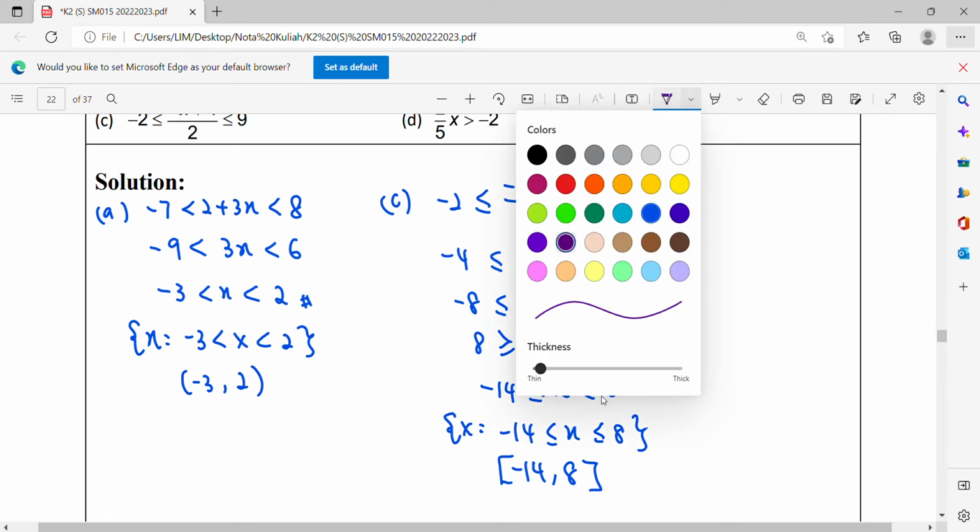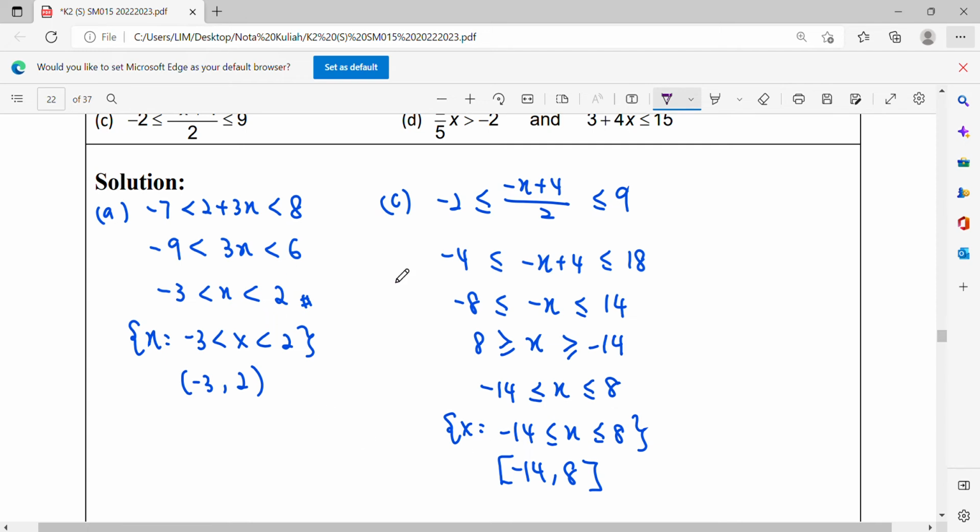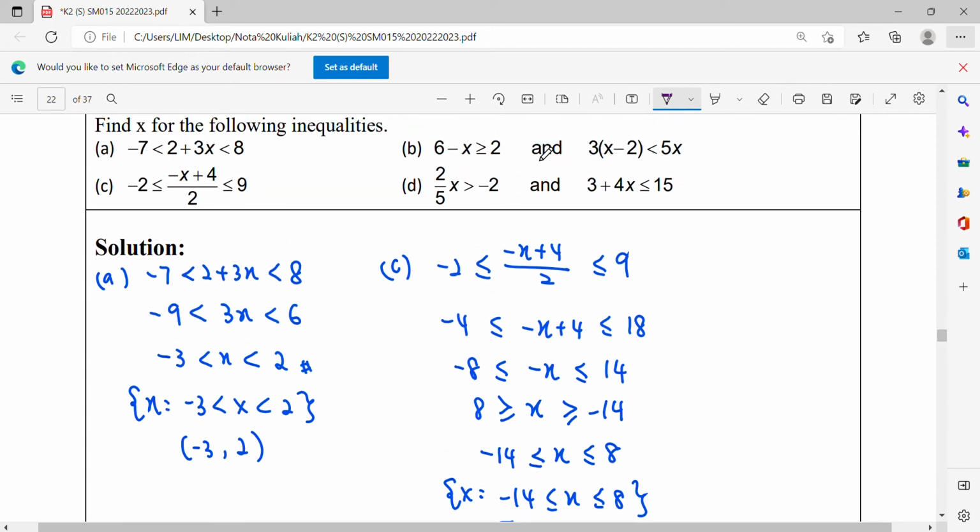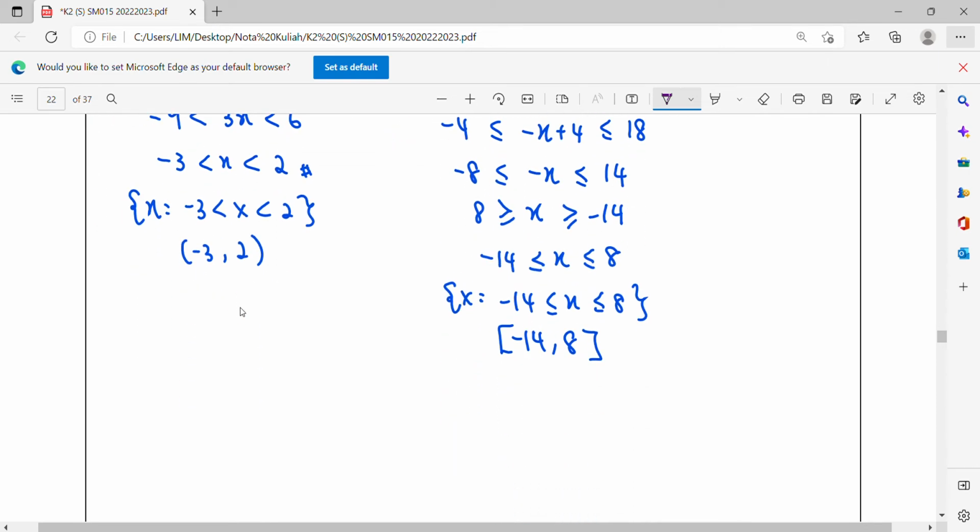Then we go for the situation where we have an N here. N is the symbol for intersection. So it means we have to solve the left-hand side, and its answer intersects with the right-hand side. This will be our chapter 1 intersection concept, for question B. But for now, they didn't give you the simplified interval.